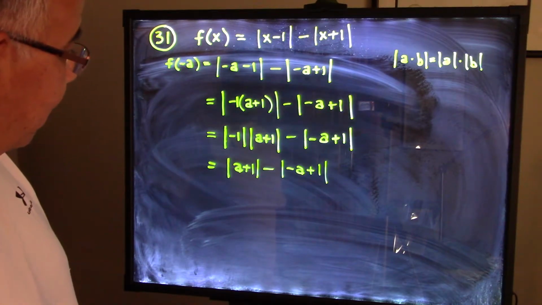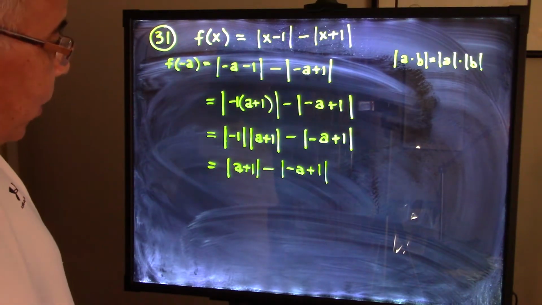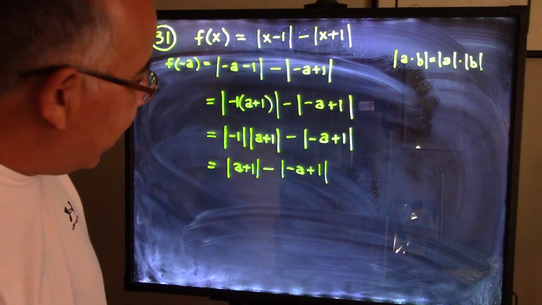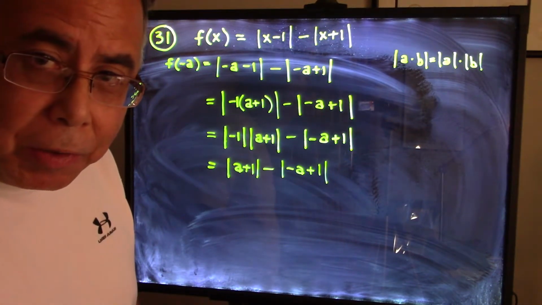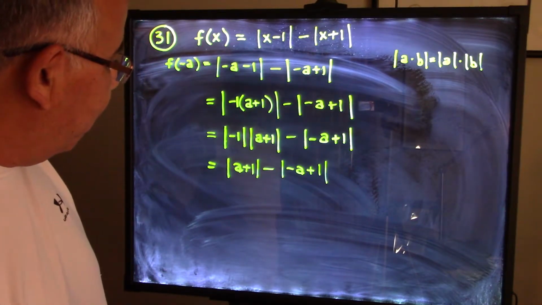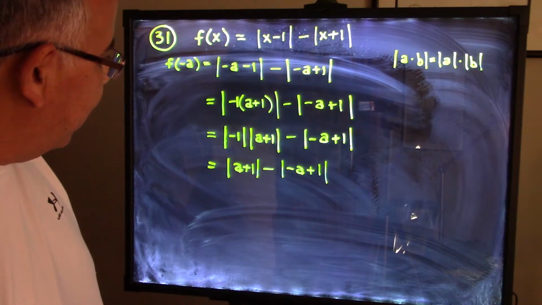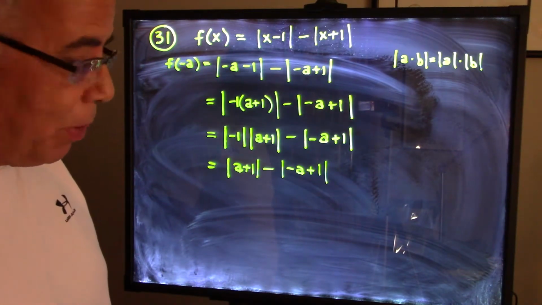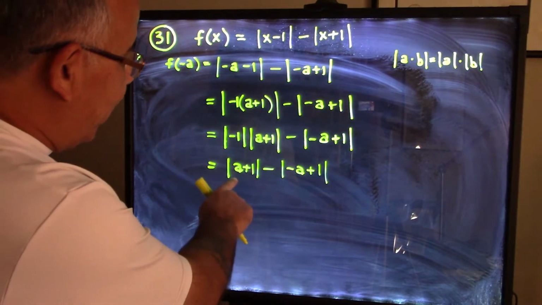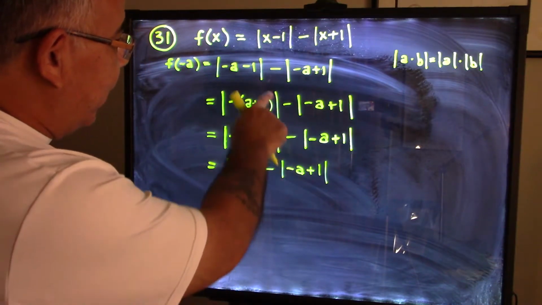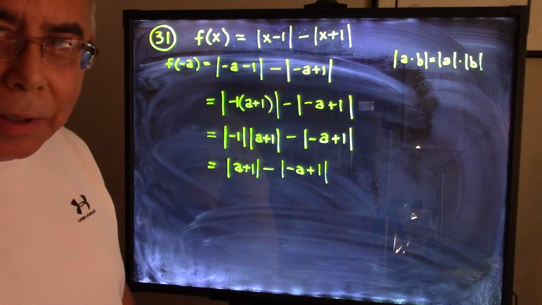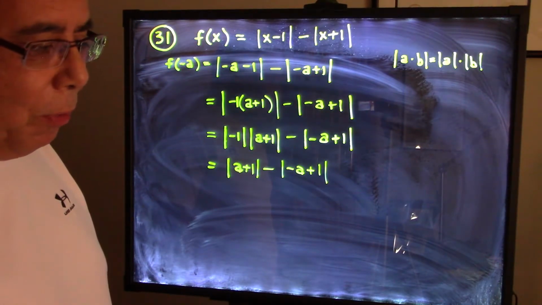All right. So sometimes that helps when you're simplifying your work, or if your book has an answer different from yours but you thought you did it correctly. When you involve absolute values, you can do that and you'll see that maybe your answer was equivalent to the book's. So if this was your answer and you saw that in your book, which you will, you'll know that you did it correctly and your answer is equivalent.